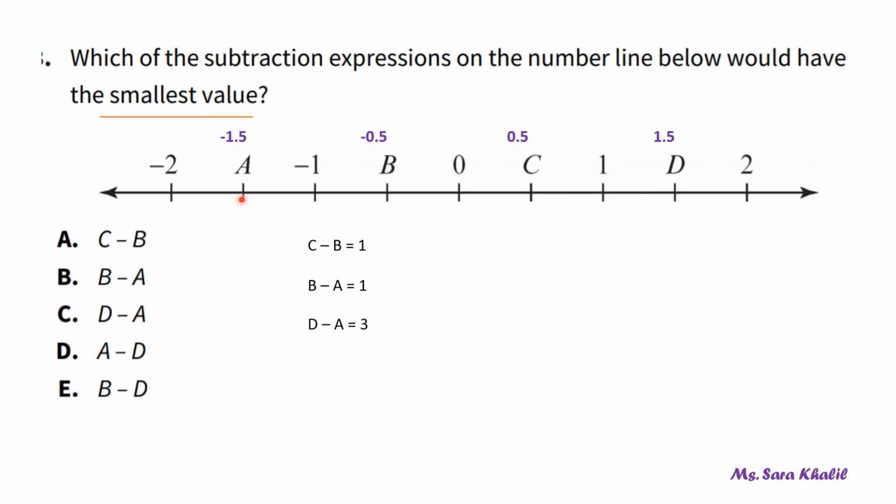So do you think A minus D will be smaller, or B minus D will be smaller? I guess A minus D, because that's going to give me minus 3, right? And what about B minus D? That would give me minus 2. So be smart and don't let them trick you. The right answer quickly would be this distance going from the left to the right, the longest distance, which is A minus D.